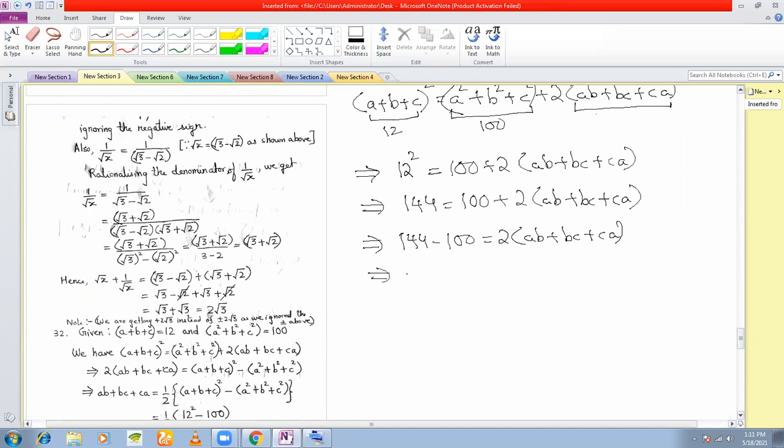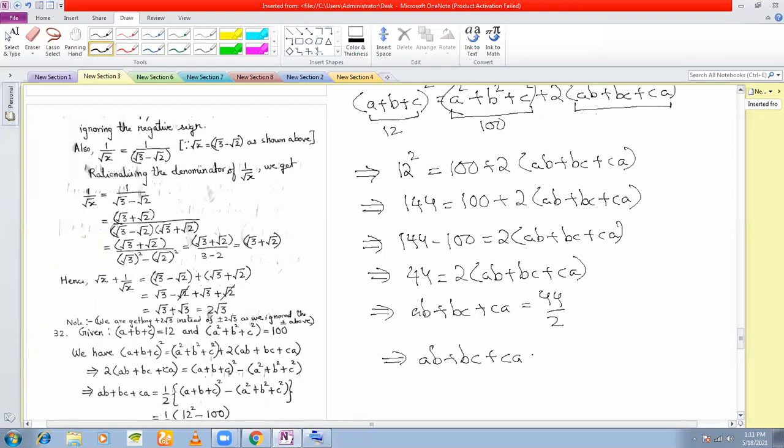That means 144 minus 100 is 44 is equal to twice ab plus bc plus ca. So that means ab plus bc plus ca must be equal to 44 divided by 2. So that means what is your answer? It's 22. So 22. That's it. Okay, so I'll stop here.